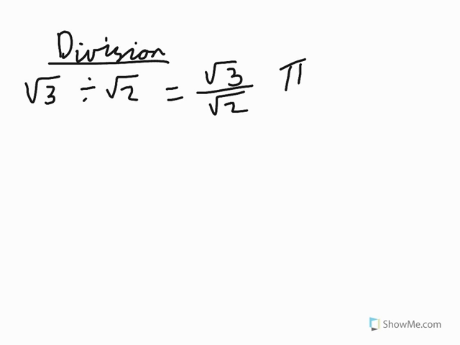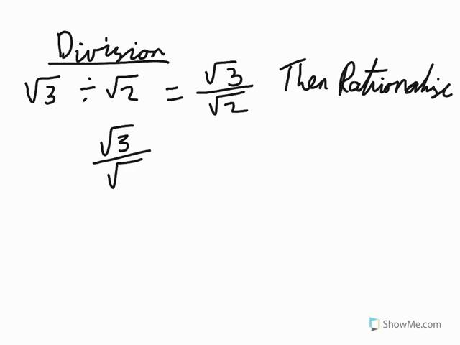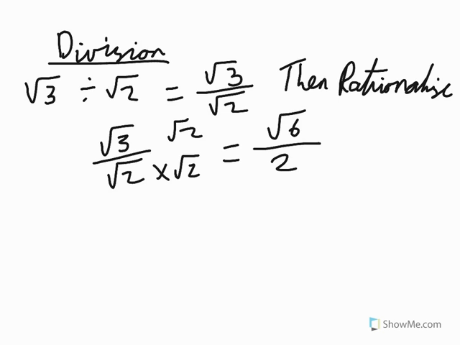And then we need to rationalise. In this case, to rationalise, we've got to get rid of the root 2, so we need to multiply top and bottom by root 2. On the top, our numerator, we've got root 6, and then our denominator, we've got root 4, which is 2, so root 6 over 2. The expectation is that you give all your answers in rationalised form.